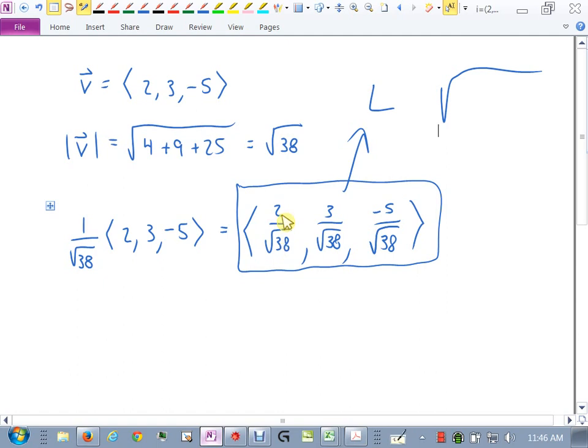So what's this squared right here? 4 over 38, plus this one squared, which would be 9 over 38, and then negative 5 over this, you square it, and you get 25 over 38? They all have a common denominator of 38. Add them together. The numerators add up to be 38. 38 over 38 is 1. Square root of 1 is 1. We're done, right? That's just to confirm it.